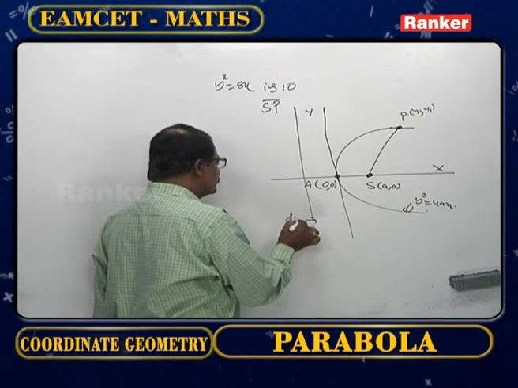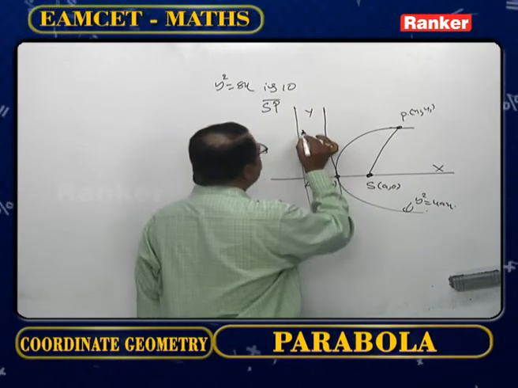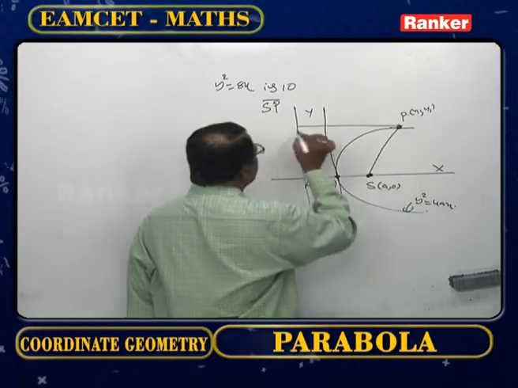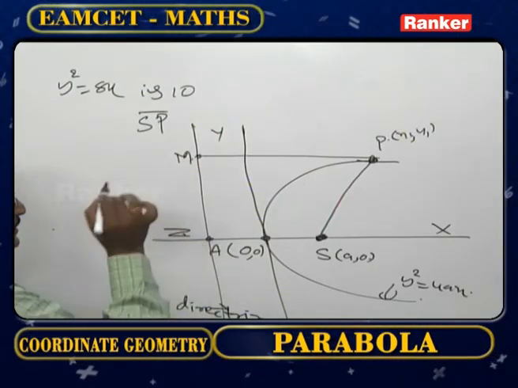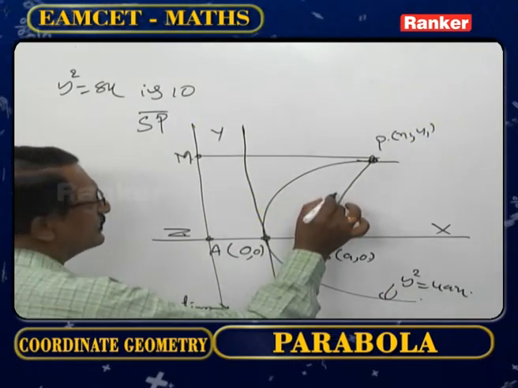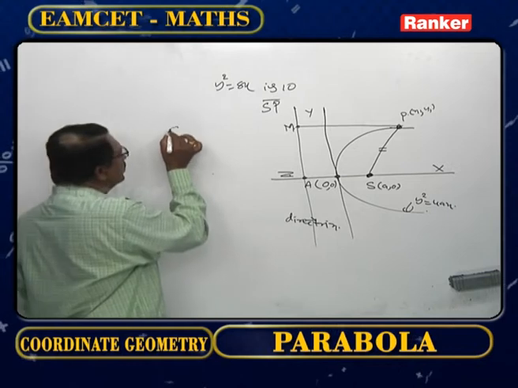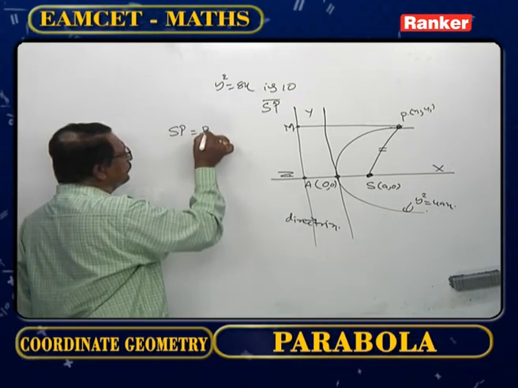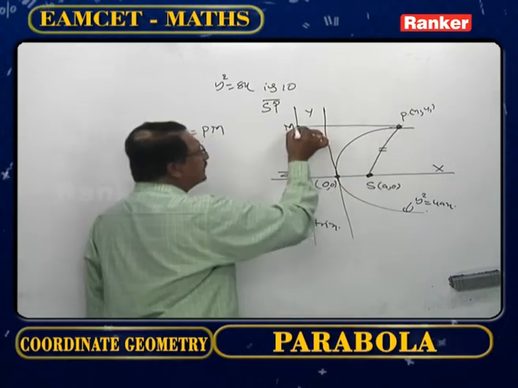Now the directrix. PM is perpendicular to the directrix, and Z is the foot of the directrix. From the definition of the parabola, SP equals PM.